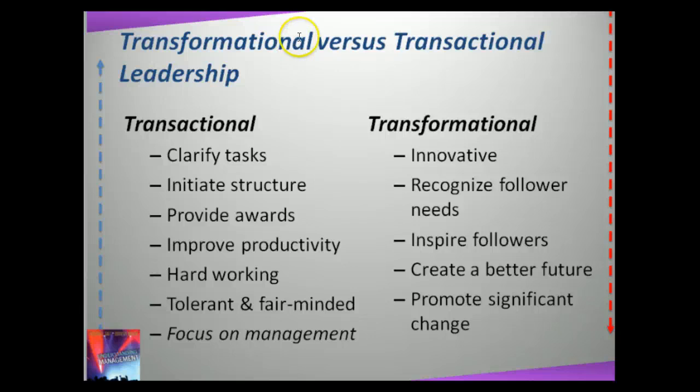The reason you see this side by side is that transformational leadership is often contrasted with transactional leadership. Transactional leadership involves managers using their reward and coercive power to encourage high performance.